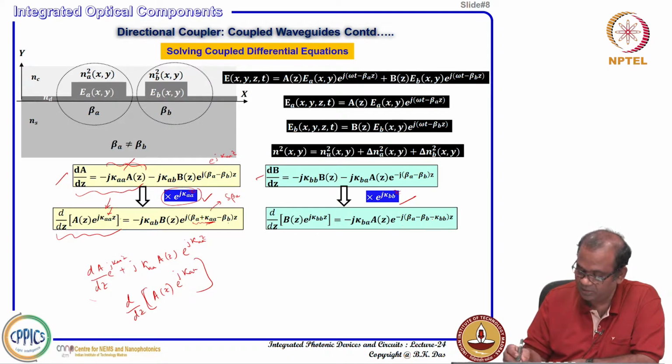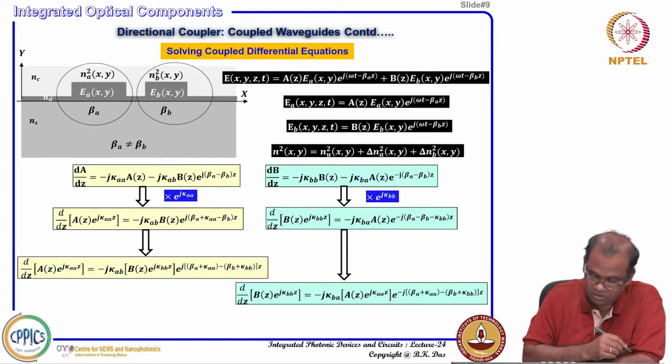So, I wrote the same thing here in this form, and on the right hand side the same, kappa BB z and e to the power minus j beta, and then kappa BB I have just clubbed with beta B, because beta B plus kappa BB means the modified propagation constant because of the presence of your other waveguide.